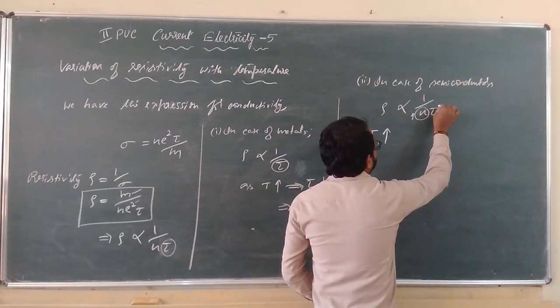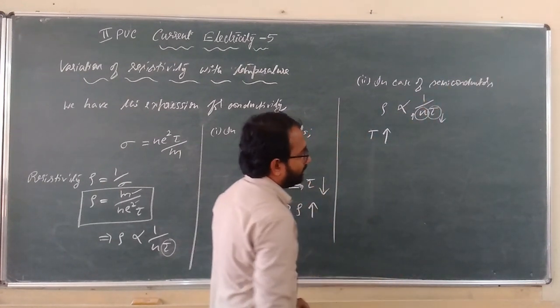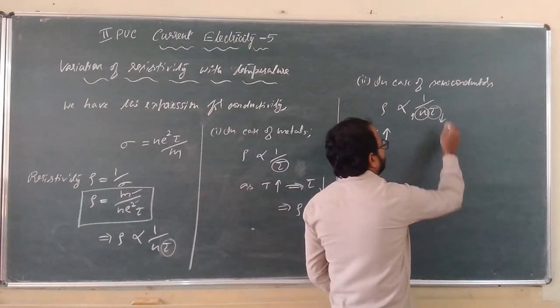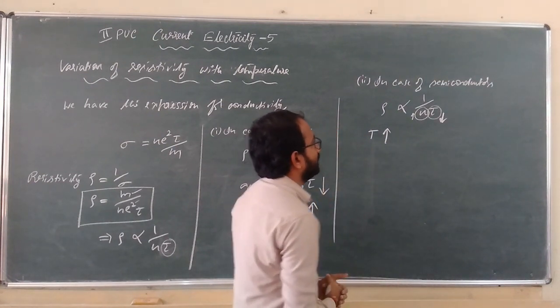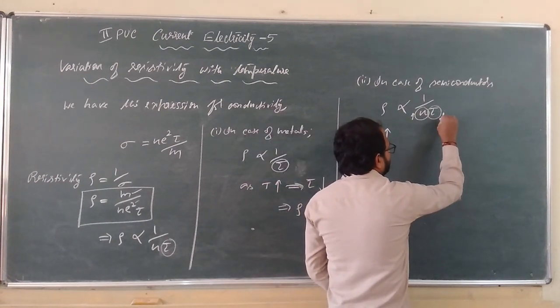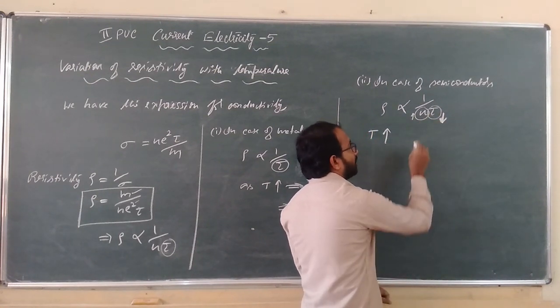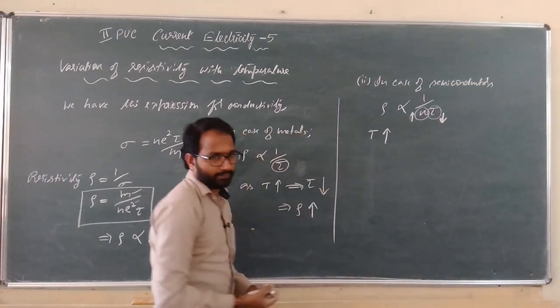But what about the relaxation time? Now they collide frequently with the ions, right? So the tau value decreases. But the decrease in relaxation time tau does not compensate the increase in number density.